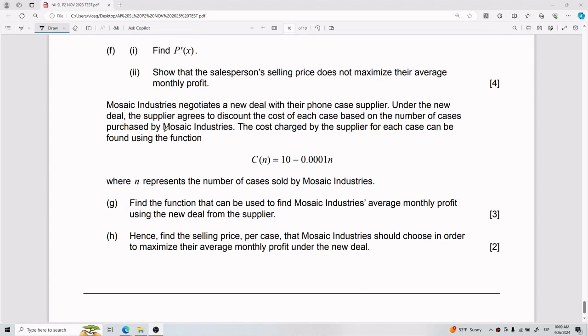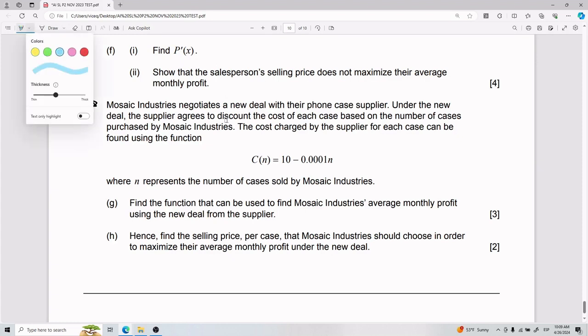Alright, you guys, and now for this last part, we have that Mosaic Industries negotiates a new deal with their phone case supplier. Under the new deal, the supplier agrees to discount the cost of each case based on the number of cases purchased by Mosaic Industries. And so, careful, here it says that the cost charged by the supplier for each case can be found using the function given.